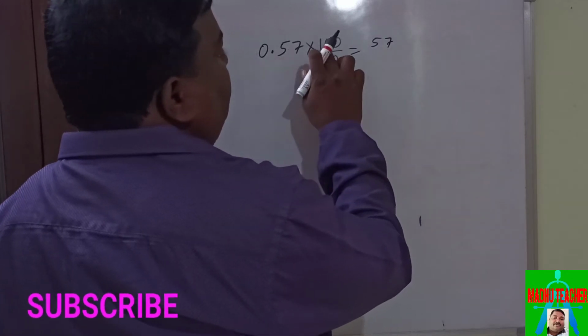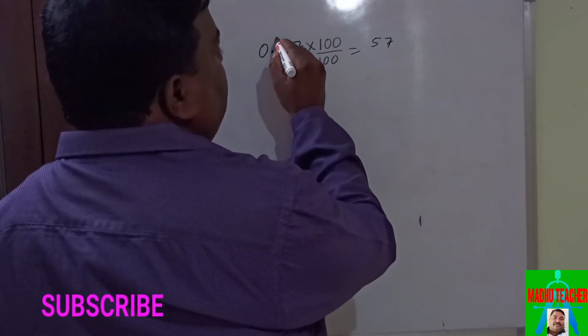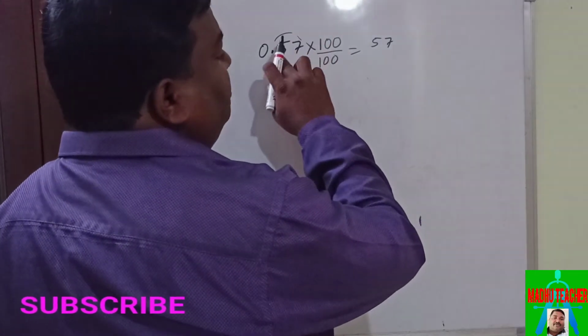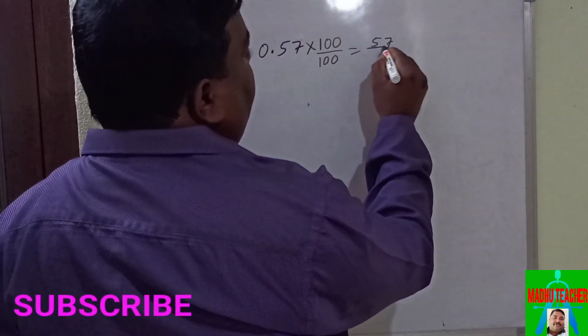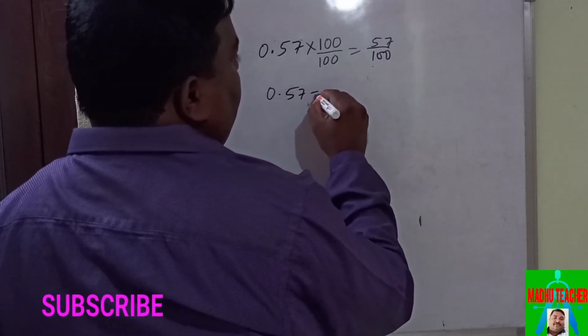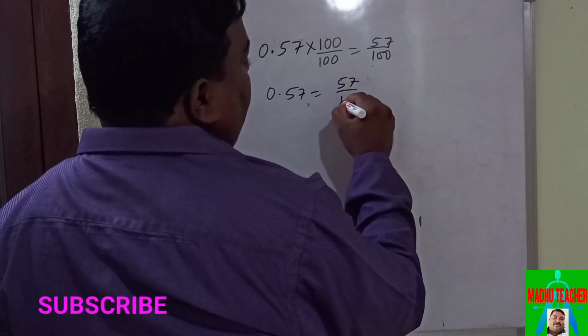By multiplying with 100, the point moves 2 digits to the right, so it becomes 57. So 0.57 equals 57 by 100.